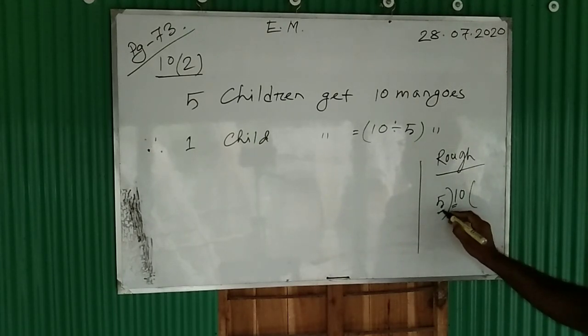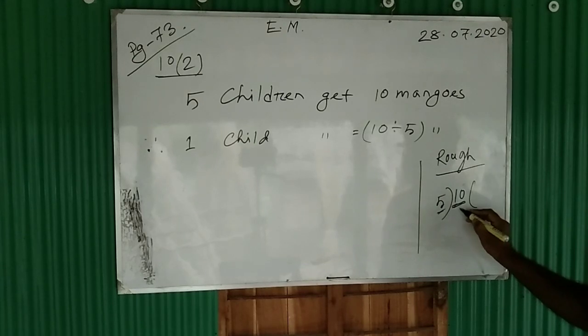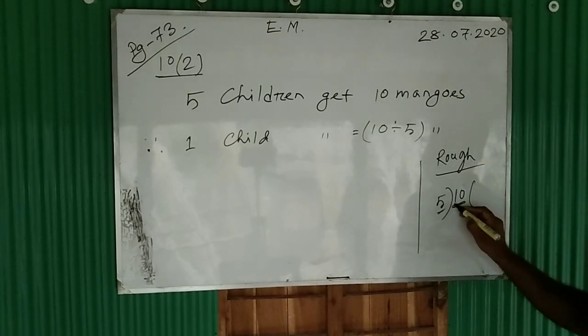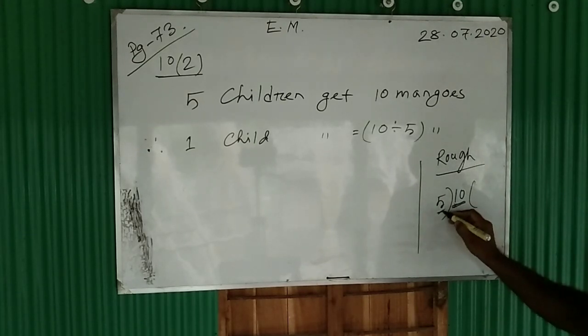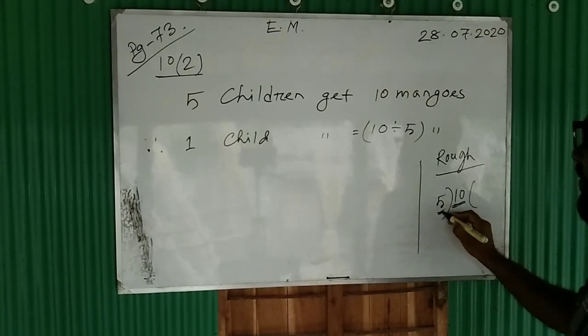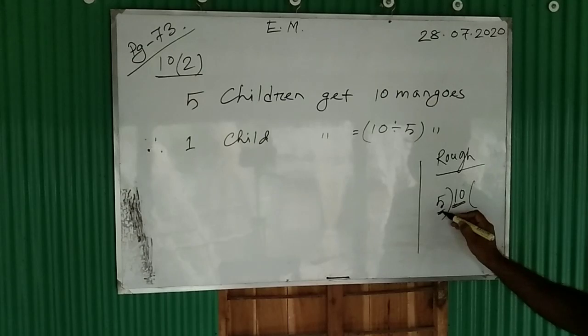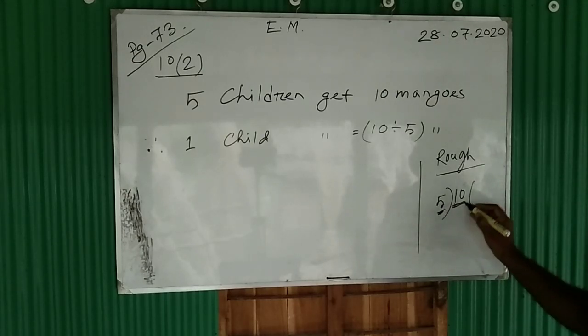Since the divisor is greater than that digit, we take the next digit, up to 2 digits. 2 digits make 10. Now you read the timetable of 5. 5 ones are 5, 5 twos are 10.